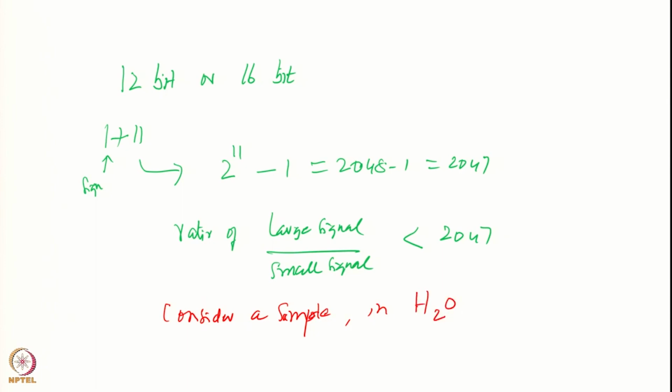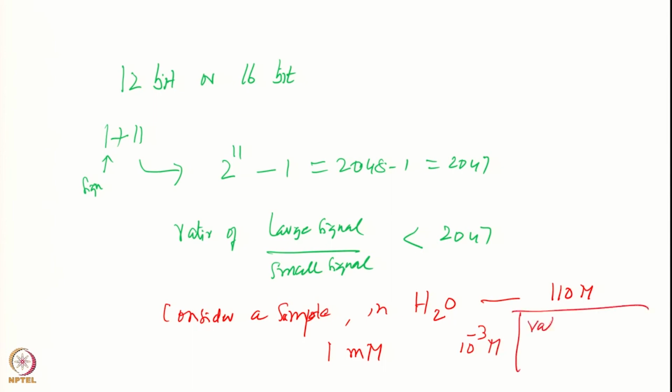What is the concentration of proton here in water? So this is approximately 110 molar. Water proton is 110 molar, and if we have a sample which is 1 millimolar, what is this concentration? This is 10 to the minus 3 molar. Okay. And therefore what is the ratio?